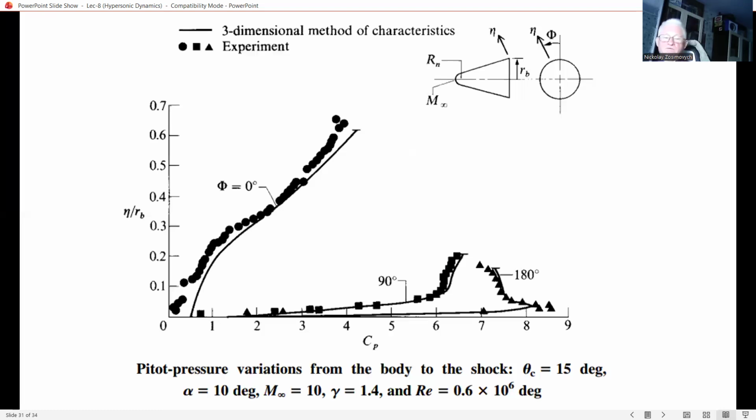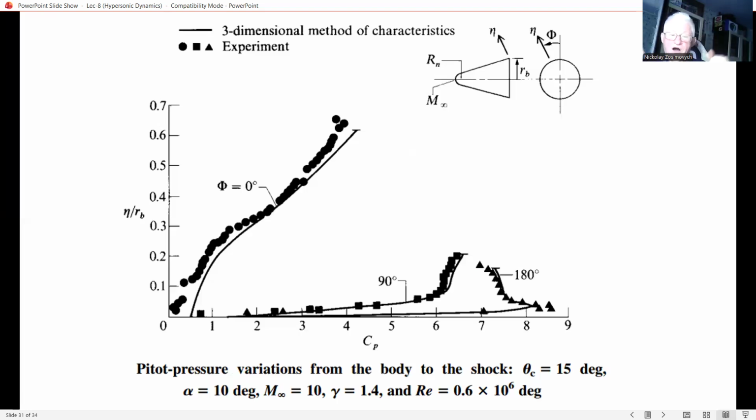A comparison with experiment of detailed flow field information throughout the shock layer, as opposed to just along the body surface, is always a good test of any flow field theory. In this diagram, the comparison between the wind tunnel data and the method of characteristics calculations is quite good.